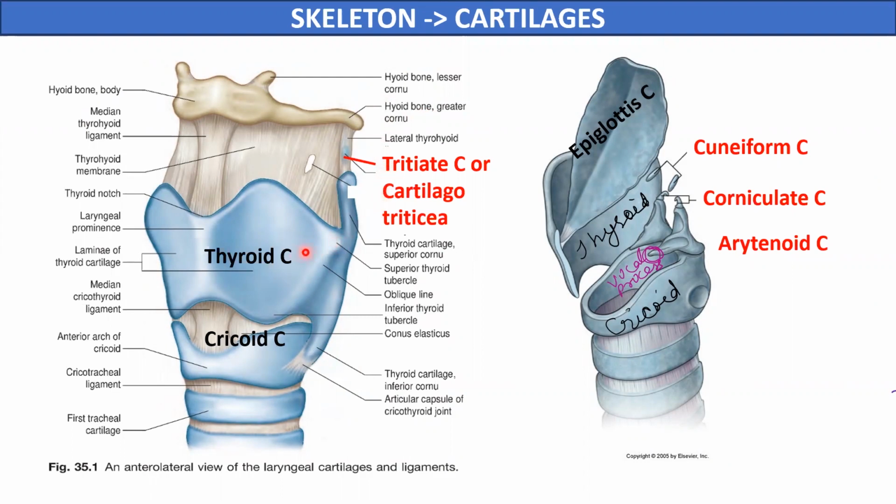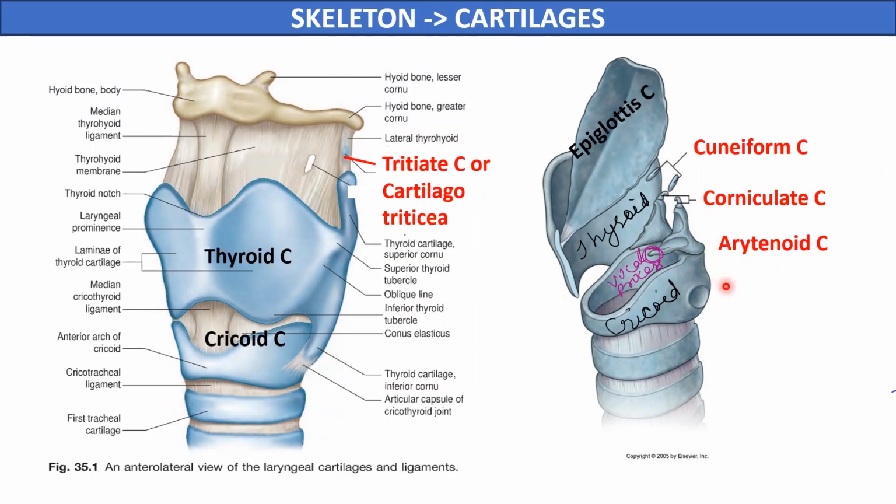The unpaired cartilages of the larynx are this large shield-like thyroid cartilage; the second is this ring-shaped complete cartilage, which is the cricoid cartilage; and the third unpaired cartilage is this leaf-shaped cartilage attached to the posterior surface of the thyroid cartilage, the epiglottic cartilage. The paired cartilages of the larynx are the arytenoid, corniculate, and cuneiform cartilages. So these three cartilages are of the paired variety.